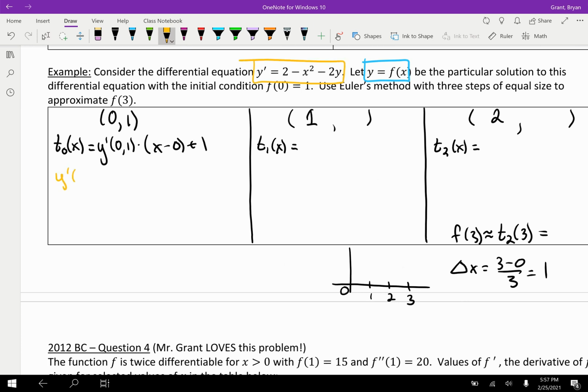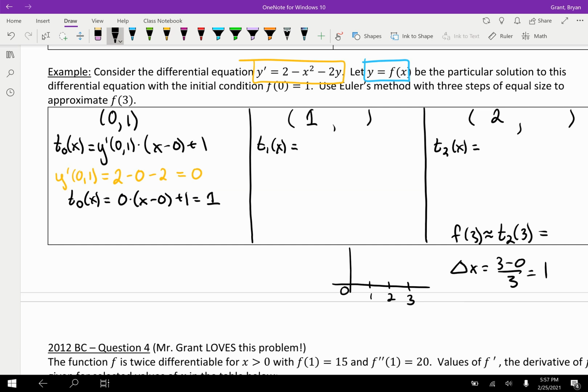So y prime of 0, 1 is 2 minus 0 minus 2 times 1, which is 2, and 2 minus 2 is 0. Great. So my initial tangent line is 0 times x minus 0 plus 1, which if you distribute the 0 is just 1. That's easy. Great.